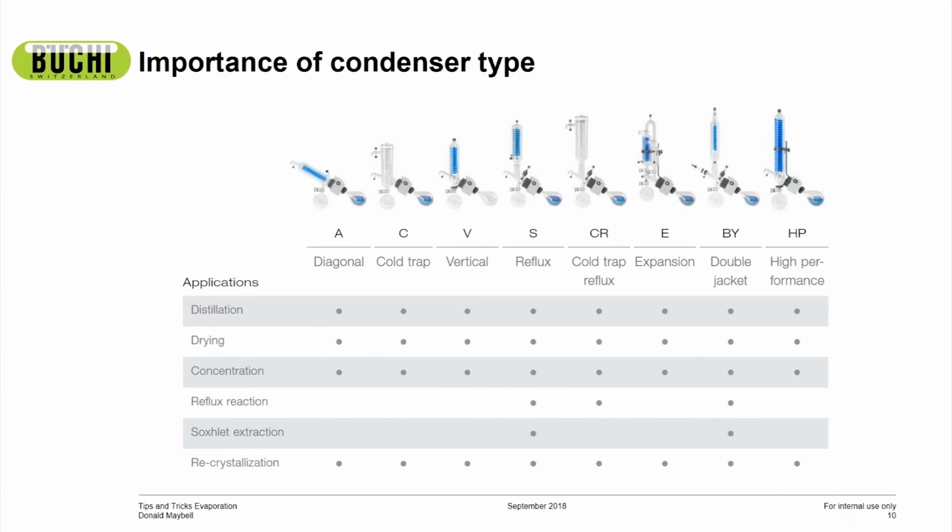And then choosing your condenser type is also very important. There are a lot of different condensers out there. I actually took this from our laboratory glassware guide. Make sure you choose the right condenser for your application. The majority of people use vertical condensers for a lot of the common solvents out there.